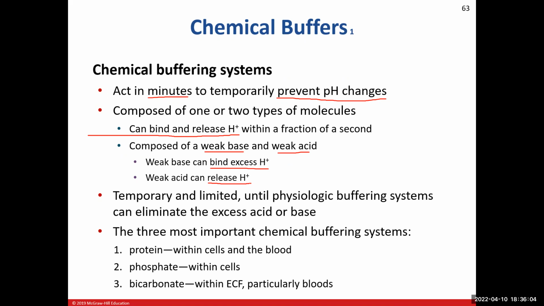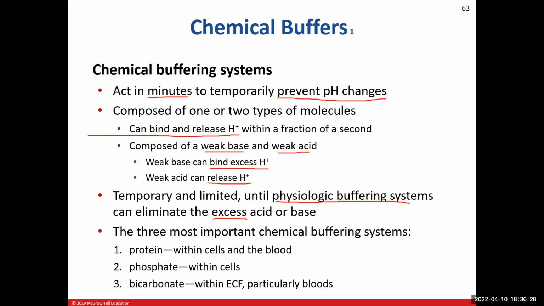Unfortunately, these chemical buffering systems are limited and are temporary. Because then we've got to get in our physiological buffering systems, and we'll talk about them, because the physiological buffering systems are going to be the systems that get rid of whatever we have excess of, whether it is the acid or the base.